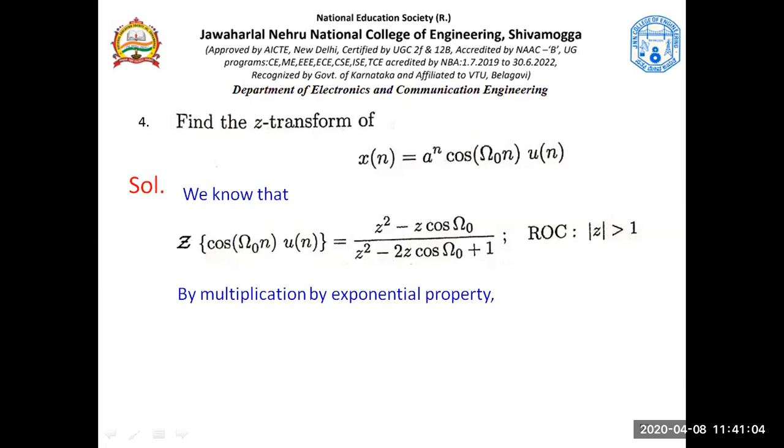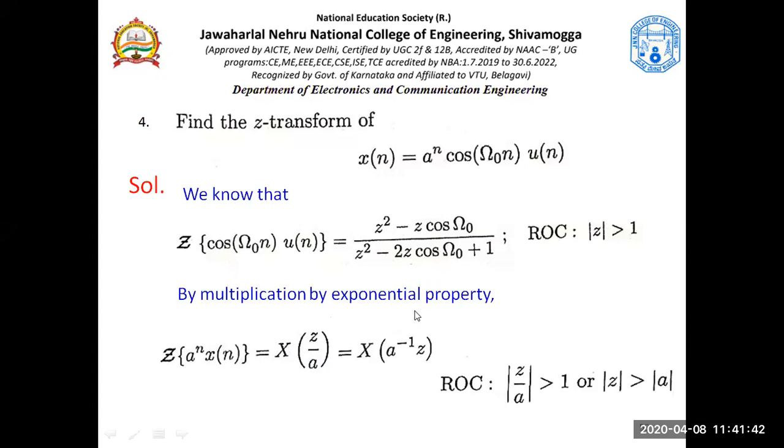So if you multiply x of n by A power n, how would the Z transform look? A power n into x of n would look like this: in the Z transform, you have to substitute z as z by A. That means this is the Z transform of cos omega naught n. So what is the Z transform of A power n cos omega naught n? You have to substitute this z in the Z transform by z by A. That is what is being done.